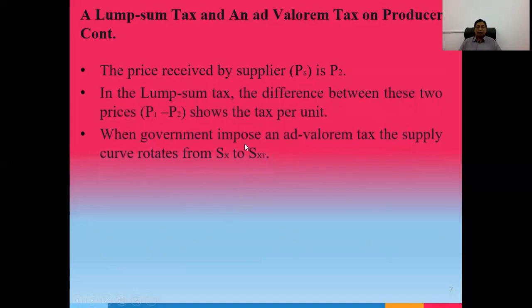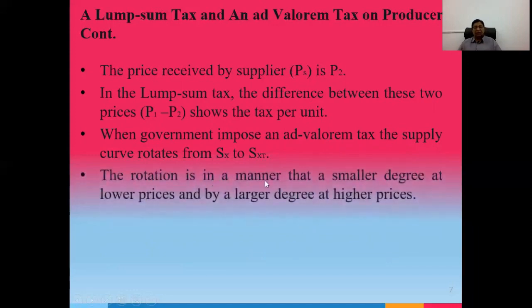When the government imposes an ad valorem tax, the supply curve rotates from Sx to Sxt. In this case, the supply curve rotates, not shifts.